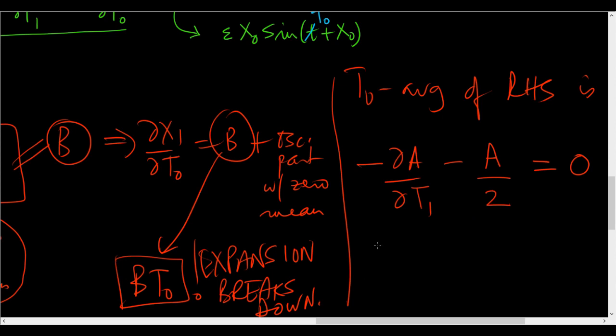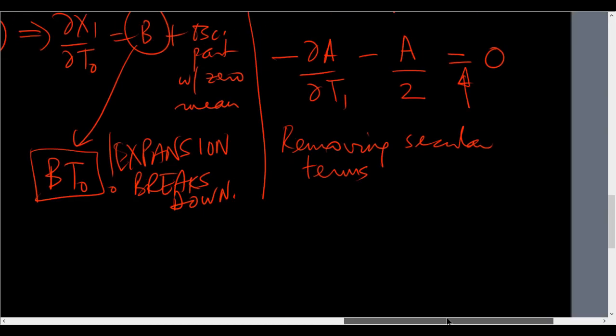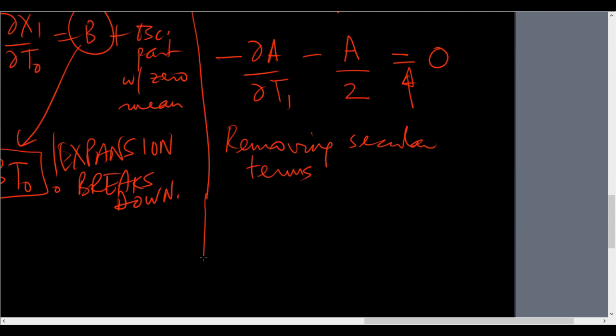Okay, making this equal to 0 is called removing secular terms. And when you first see it, it seems like cheating somehow. And there are many people who discuss it in many ways, and I just put it in a practical way.